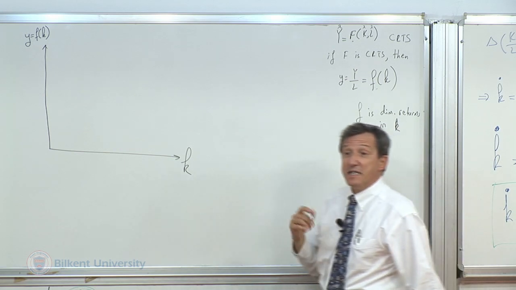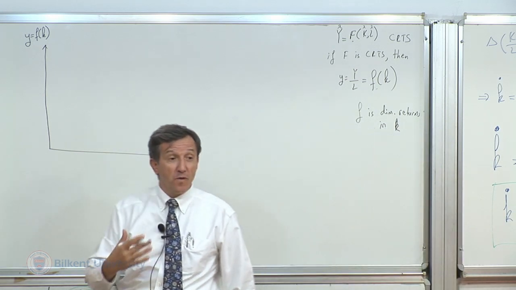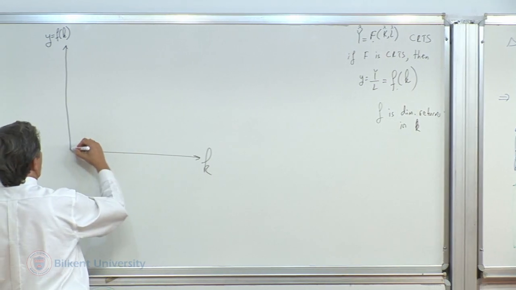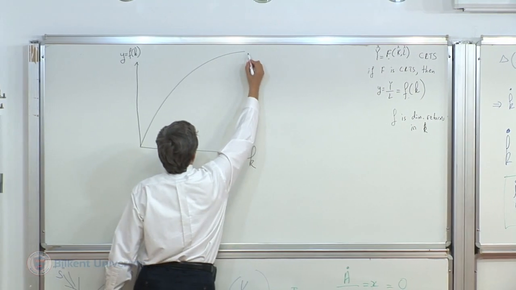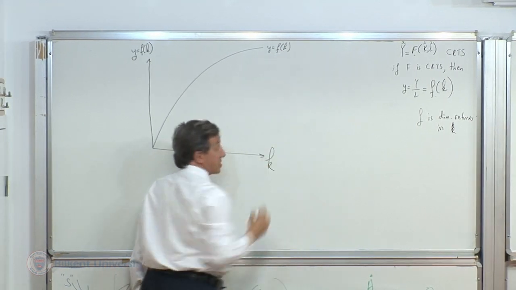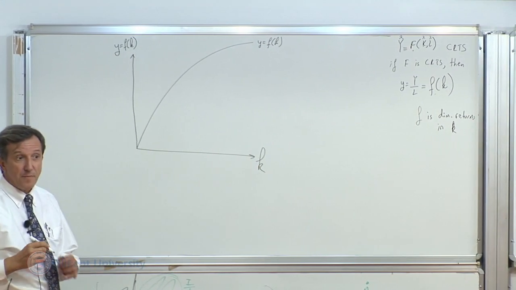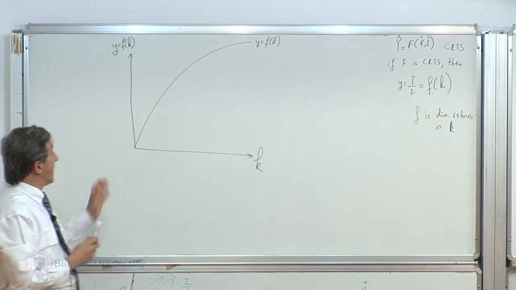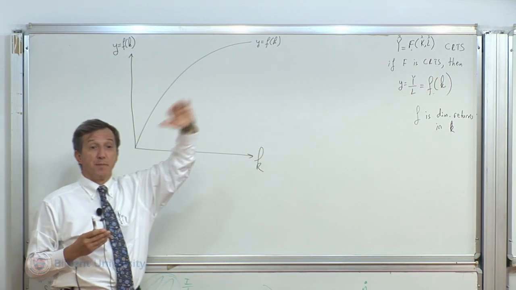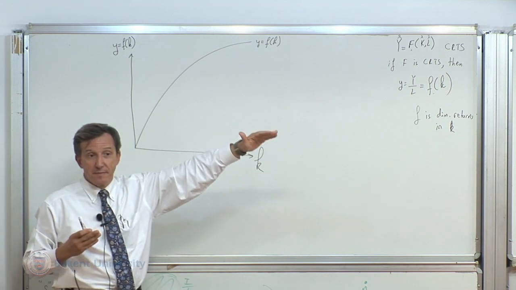So if it is diminishing returns for capital per labor, then I have a concave function of this sort. That is y is equal to f of k. I draw this as a concave function, as a hyperbola, as a belly.